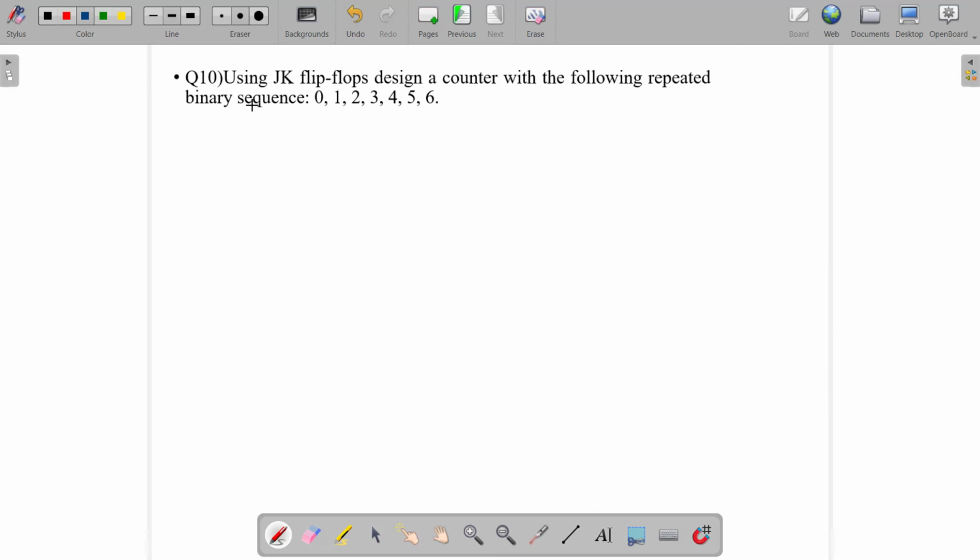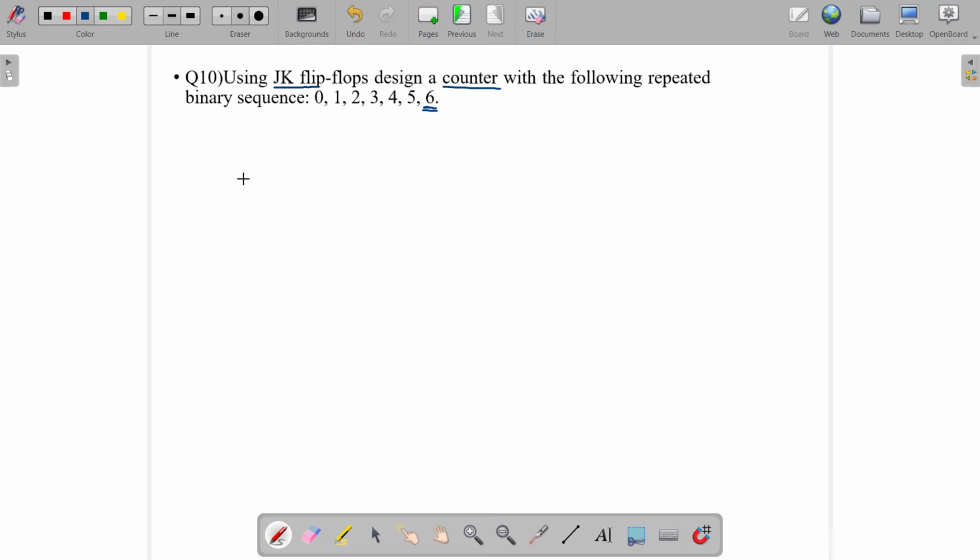Okay, in the case of question number 10, we want to design the counter using the JK flip-flop that repeats this sequence 0, 1, 2, 3, 4, 5, 6. Because the maximum number is 6, it means that we have to use 3 bits for drawing the state table.